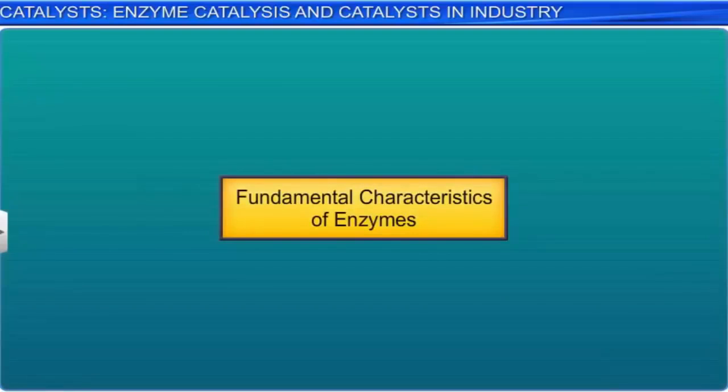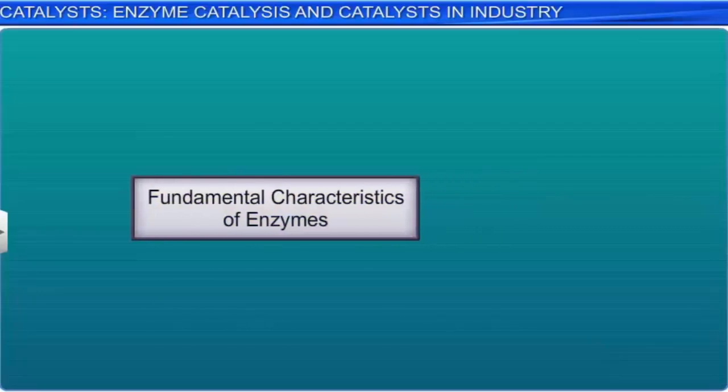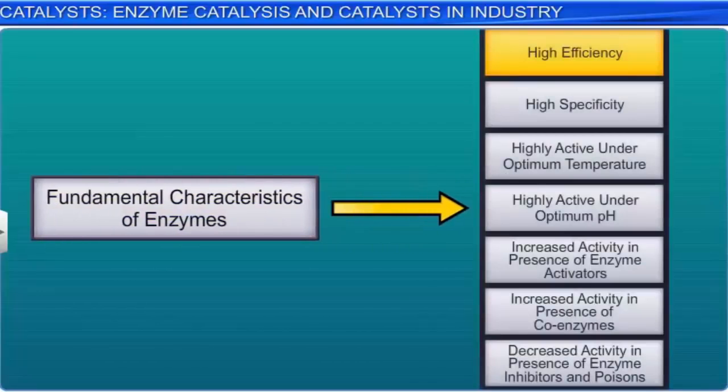Enzymes have high efficiency and high specificity. They are highly active under optimum temperature and under optimum pH. They show increased activity in the presence of enzyme activators and coenzymes, and a decreased activity under the influence of enzyme inhibitors and poisons.